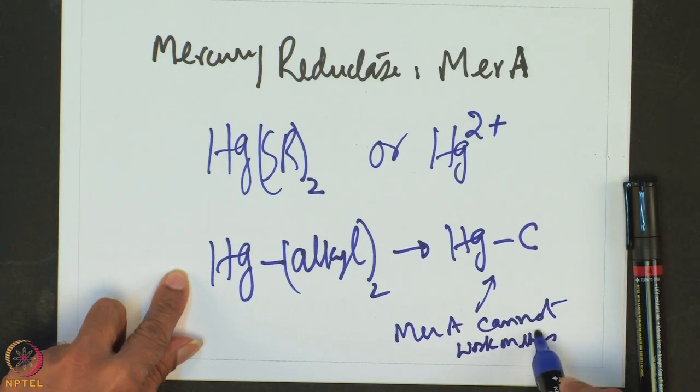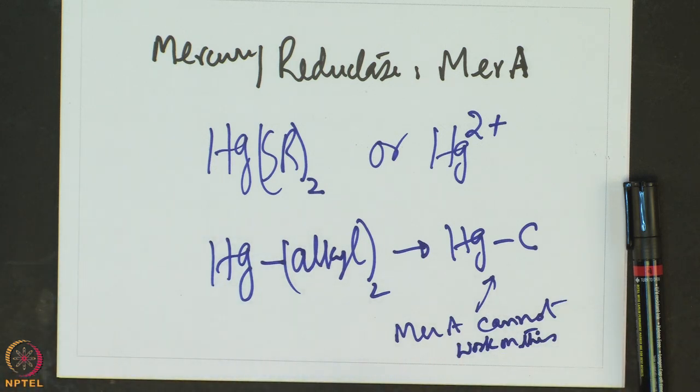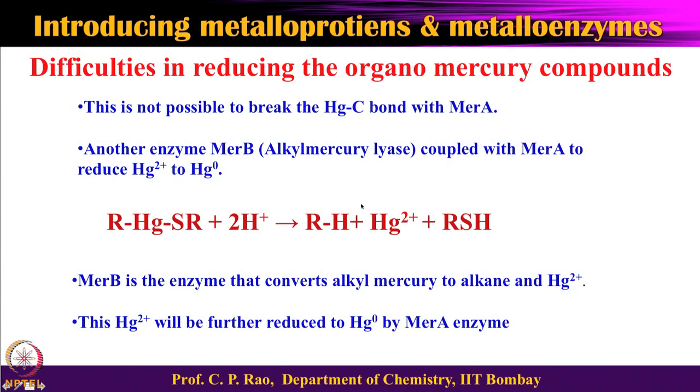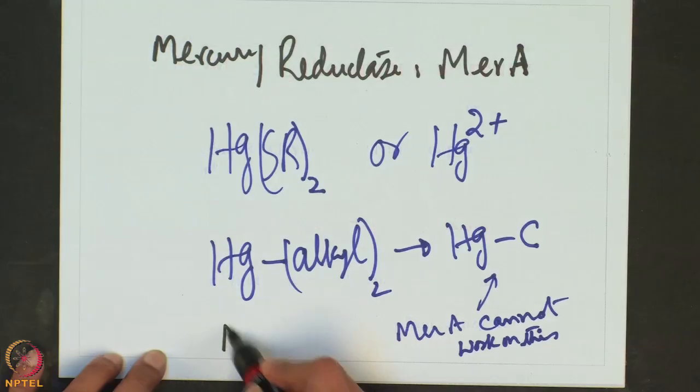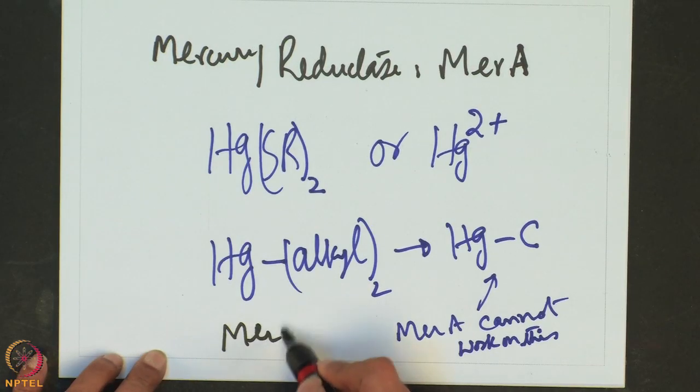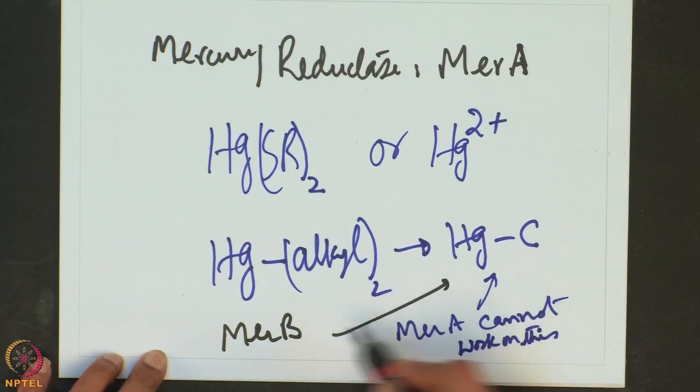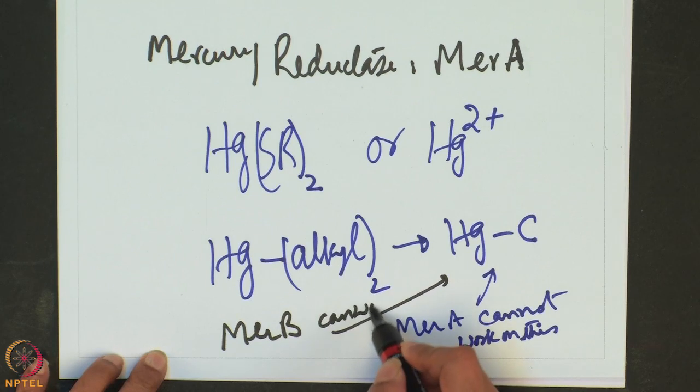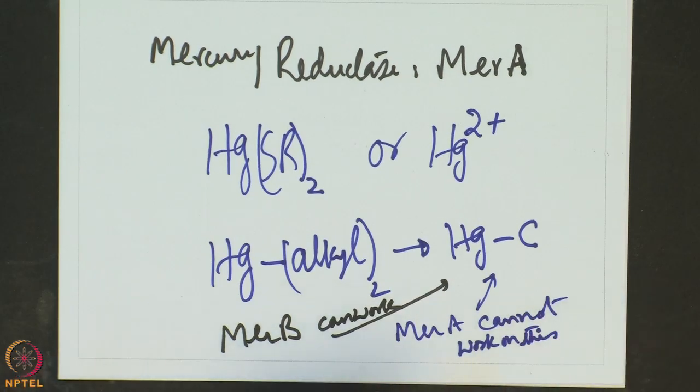So, therefore, this enzyme is not suitable for methyl mercury or dimethyl mercury or dialkyl mercury, etc. But there is another enzyme which is called Mer-B. This can work on mercury alkyls.